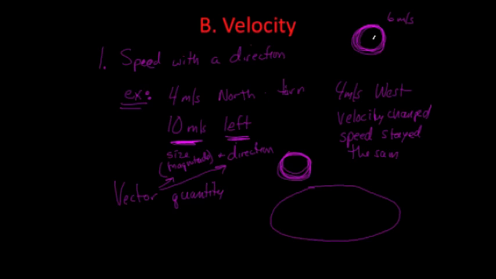So moving in a circle at a constant speed means you are constantly changing velocity, because you're always changing your direction.